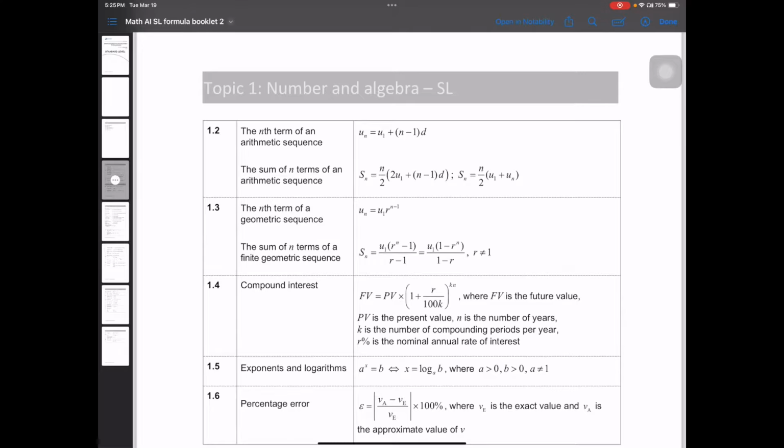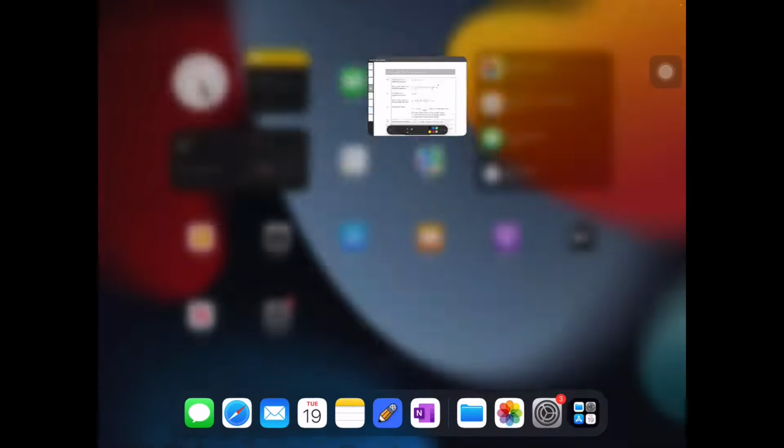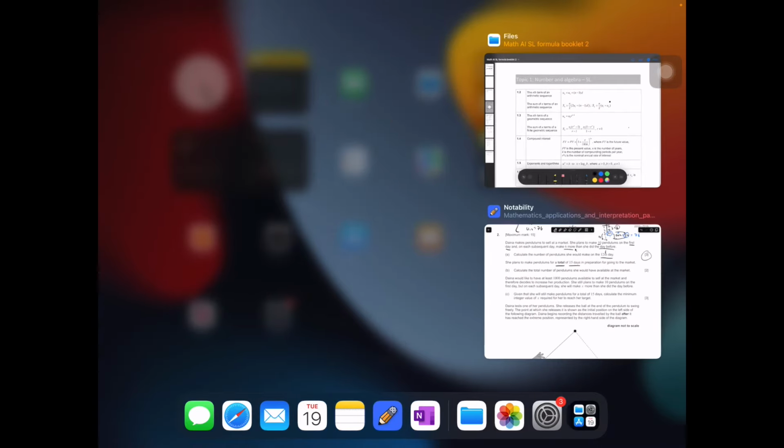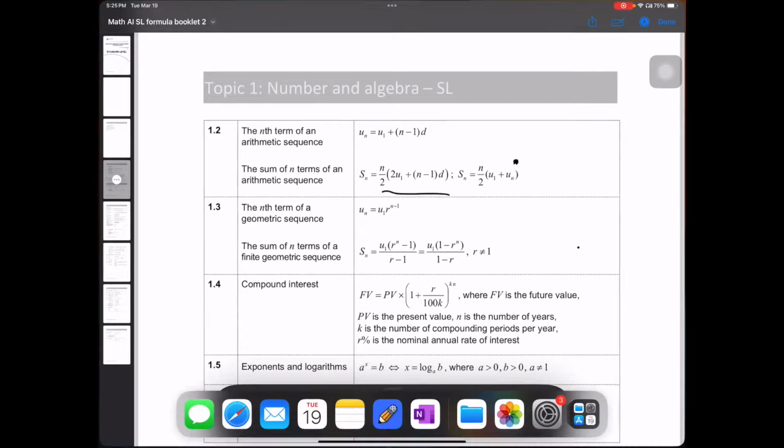The second one is if we know the nth term, if we know that final term, then this is often a helpful way to go about things. But let's use this one right here, n over 2, 2u1, n minus 1 times d.